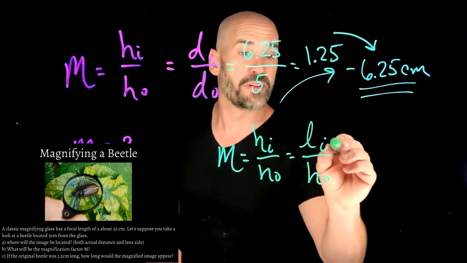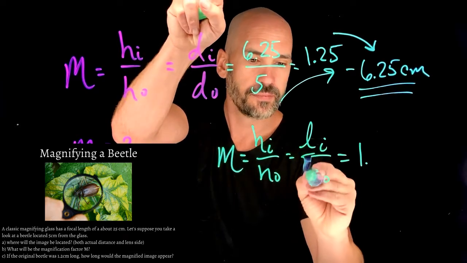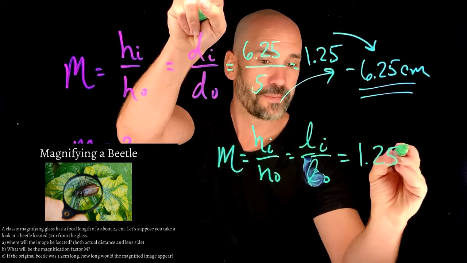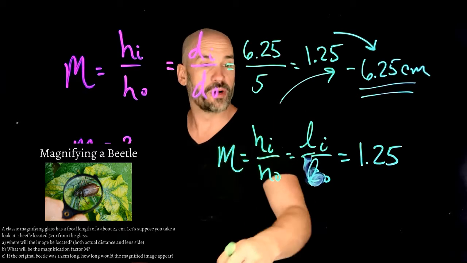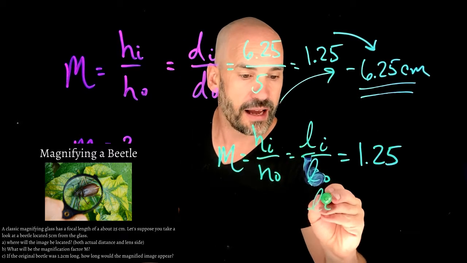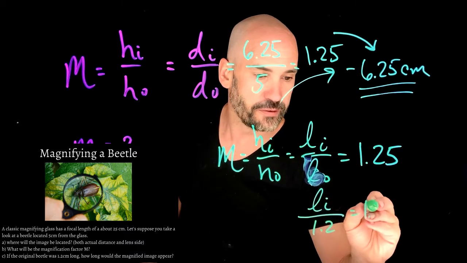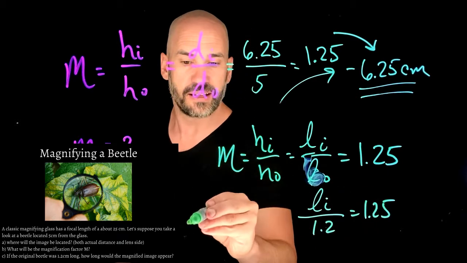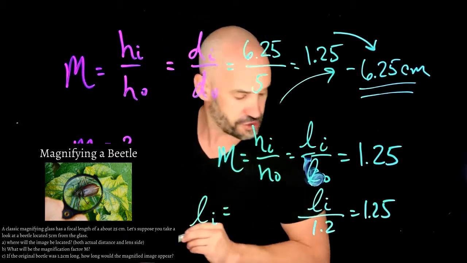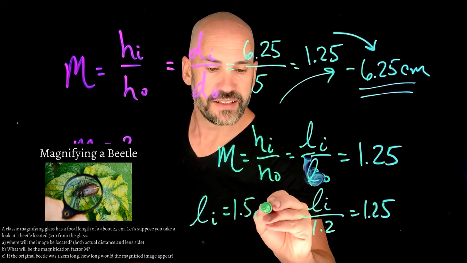Same thing. And we know that that's equal to 1.25. What is the length of the original object? 1.2. So I have Li over 1.2 centimeters equals 1.25. All I got to do is multiply these, and I get a length of the image of about 1.5 centimeters.